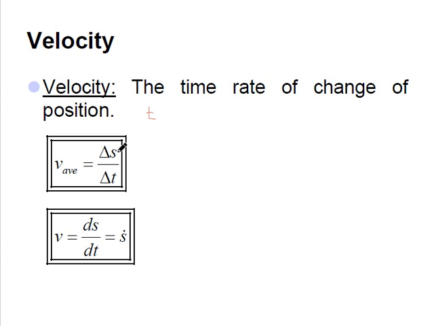So the first equation here is for velocity, and we write AVE for average, meaning overall velocity of a particle in the context of our analysis. The overall velocity, and we usually write it little v, AVE for average abbreviation, is equal to the change in position for us divided by the change in time.